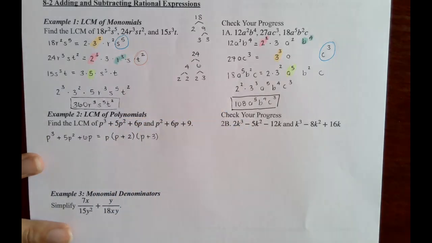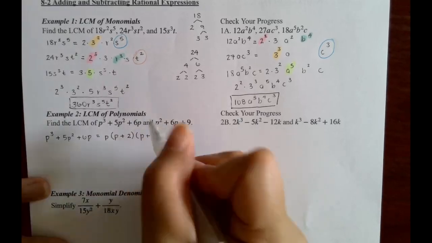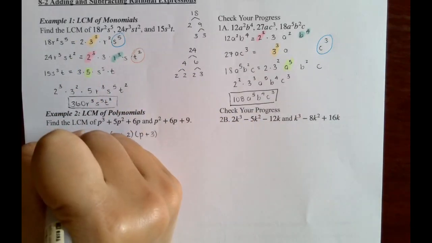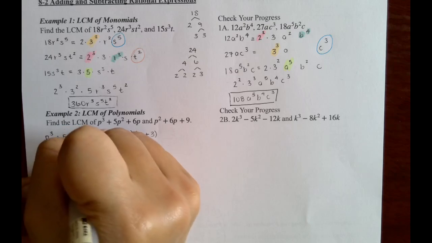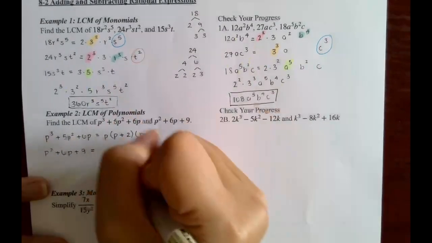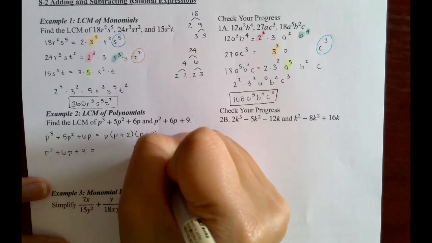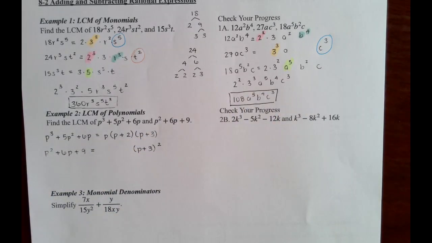So this is me factoring it. Then I have p squared plus 6p plus 9. So this becomes p plus 3 squared. Then, again, I want the least common multiple. Here I have a p.